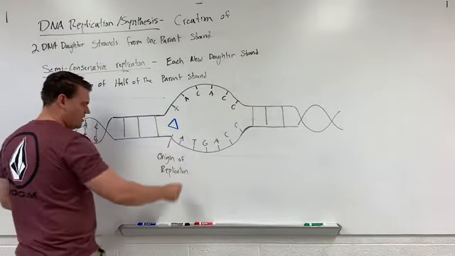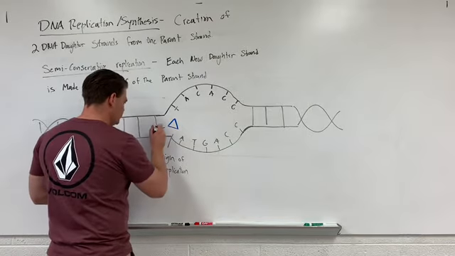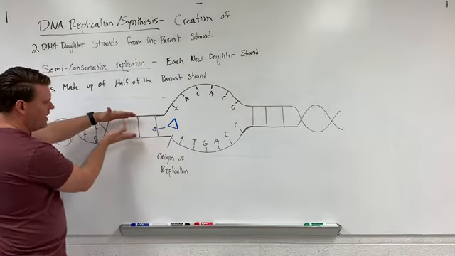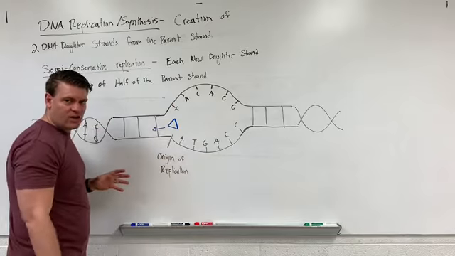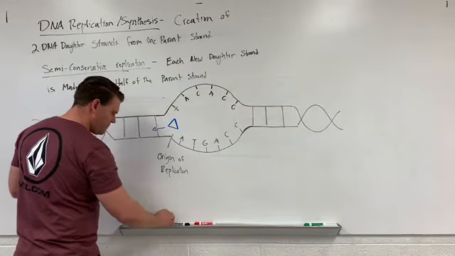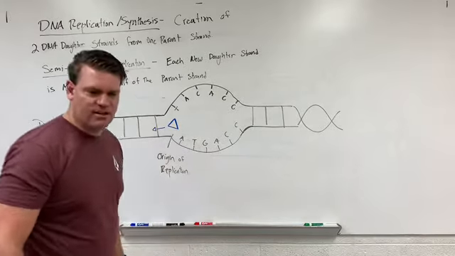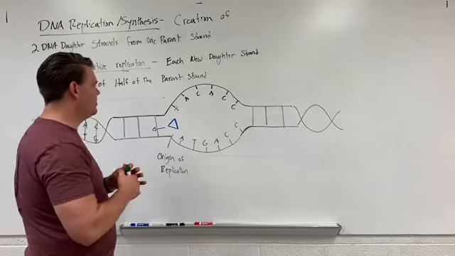So this little guy, what he's going to do is he's going to head this way to continue to open up our DNA so we can start to make our copy of it. And then we have this thing called our DNA polymerase.